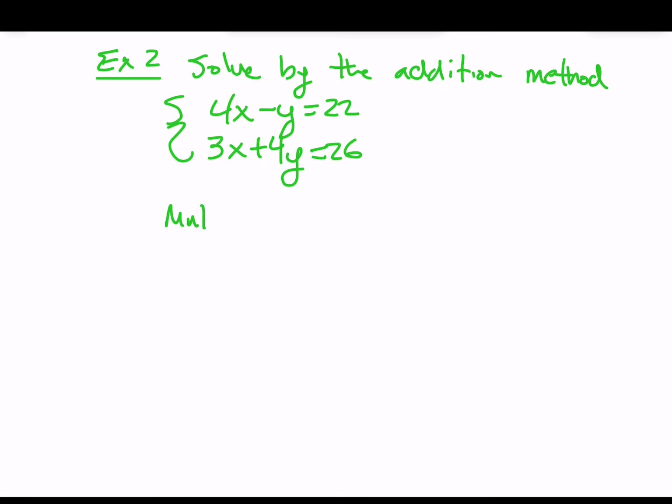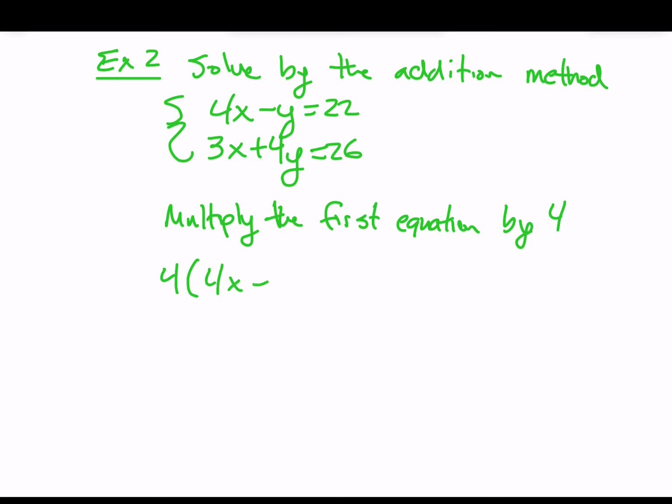What we need to do in this case is multiply the first equation by 4. And we'll do that on both sides. And hopefully as we do this, you'll see why we would choose to do it this way.